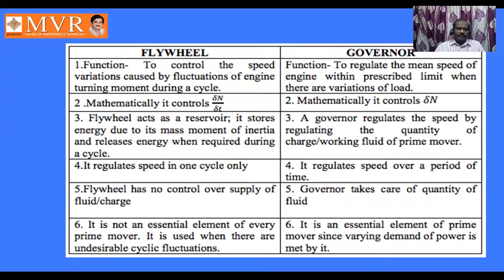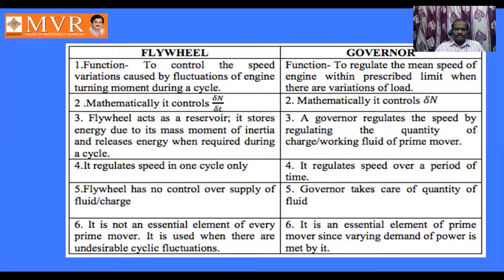So I think everyone has followed the discussion. Still, we can have the discussion on the construction side, and on flywheel applications and governor applications. Flywheel applications: we can use it in hydraulic presses, mechanical presses, and the flywheel is used in pumping the oil, where fluctuations are there.